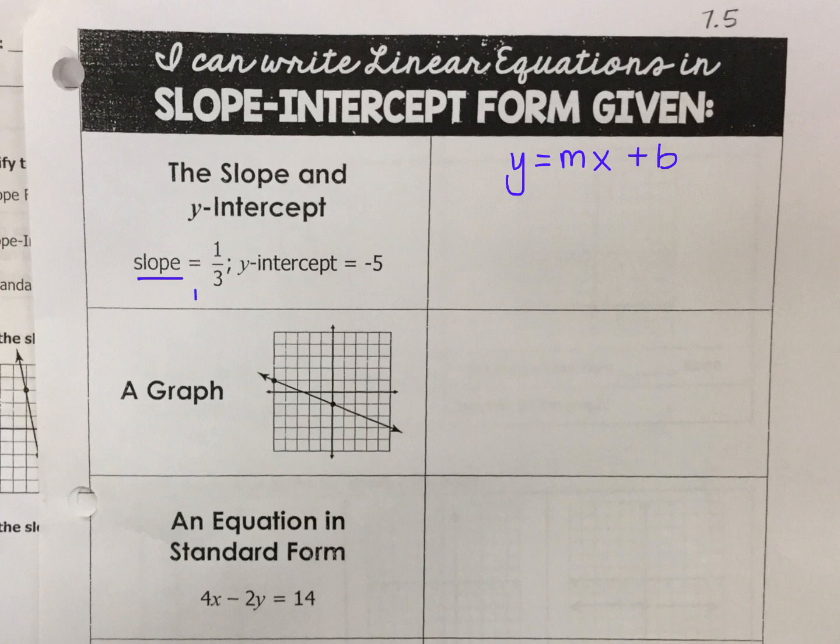Slope we always use m for. And this says y-intercept is -5. Well, the y-intercept is always our b. So we're just going to take our information and plug it in. y equals 1/3 x. Instead of writing plus -5, I'm just going to write -5.